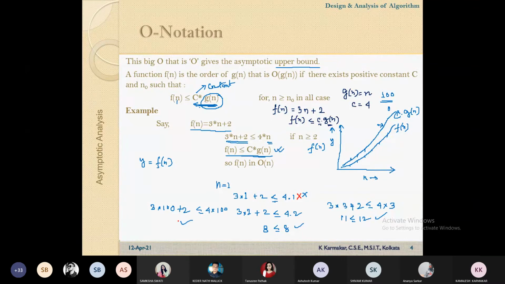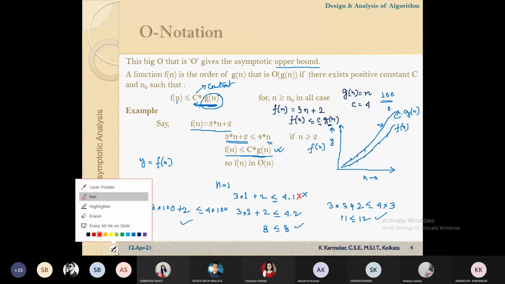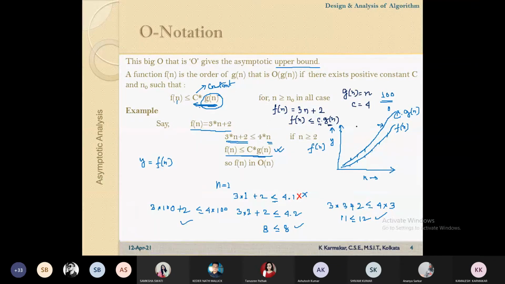So we have to mention it here: the starting point of n, the initial value of n, is represented by n0. What will be the initial value? It will be 2. So basically for n greater than or equal to 2, it is satisfied.